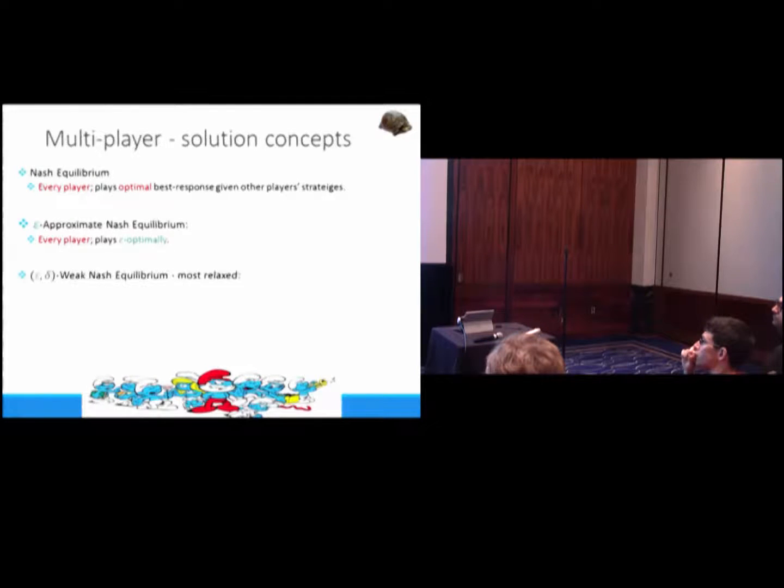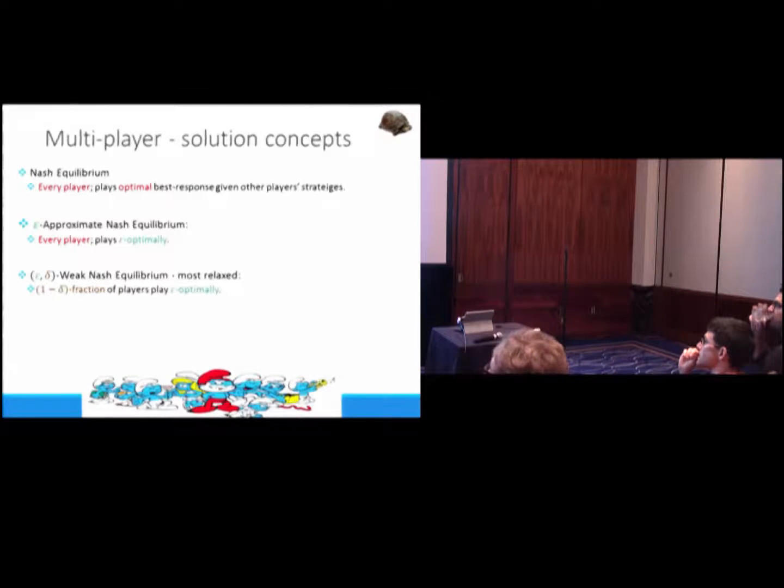An interesting relaxation of this that we introduced last year, or actually this last ITCS, is this epsilon-delta weak Nash, which means I'm simply requiring that 1 minus delta fraction of the players play epsilon optimally. The other delta fraction of the players can play arbitrarily.